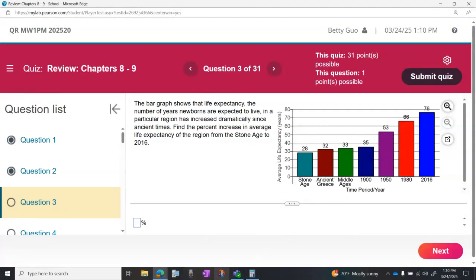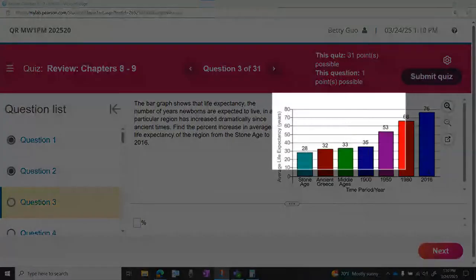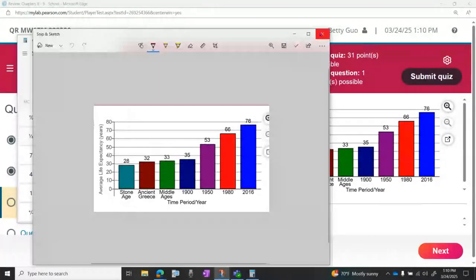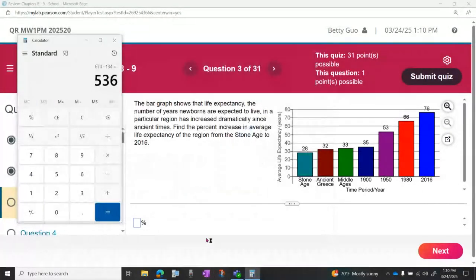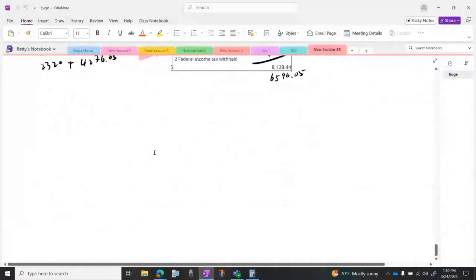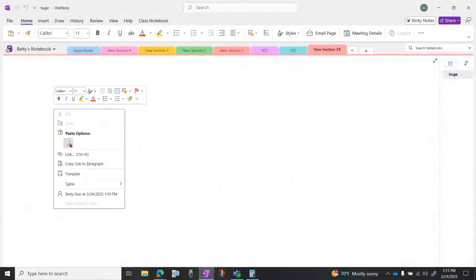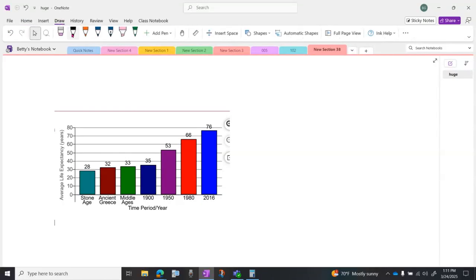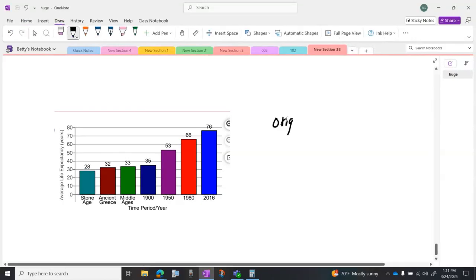Remember I said when you need to process a percent increase or percent decrease problem, on your scratch paper you need to write down original and new.